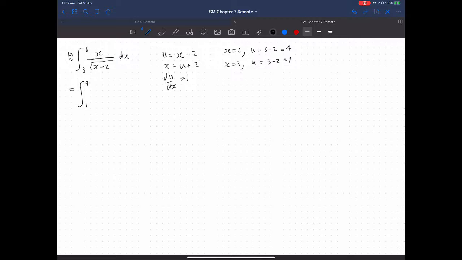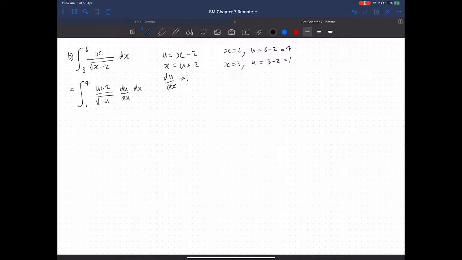X, we know, is equal to u plus 2 over the square root of x minus 2. X minus 2 is u. The other thing we're doing is we're multiplying by 1, and the 1 we know is du dx, and we have our dx.